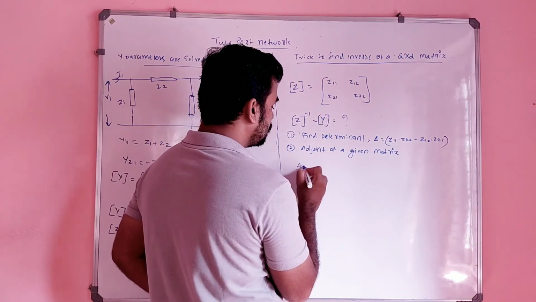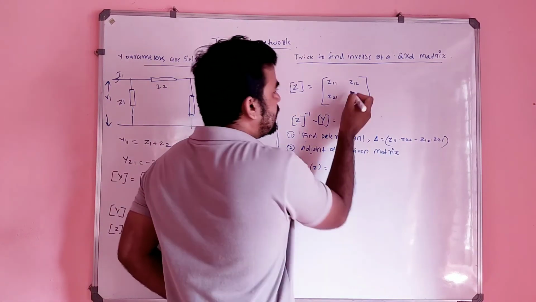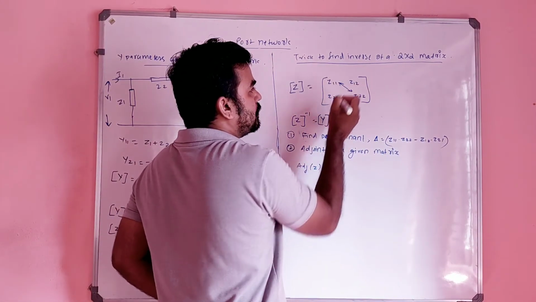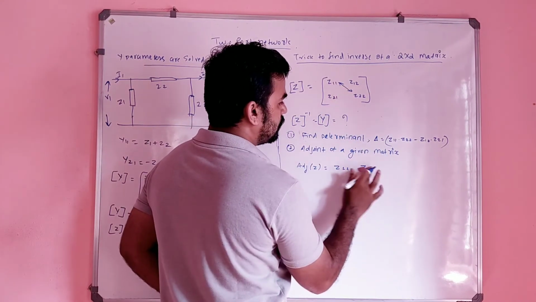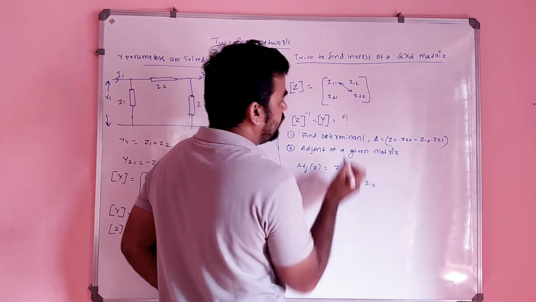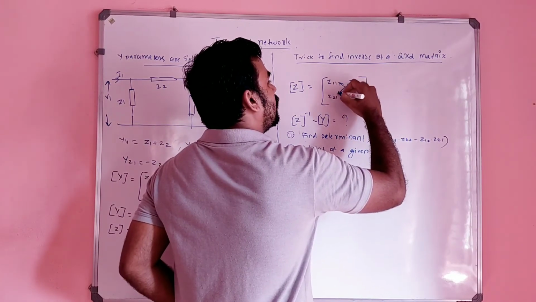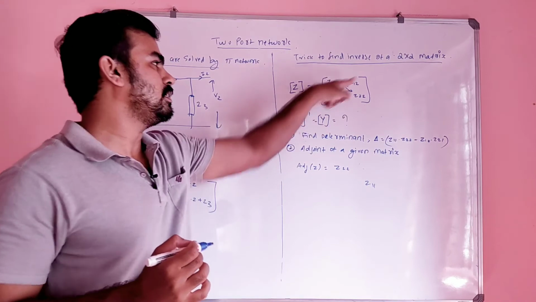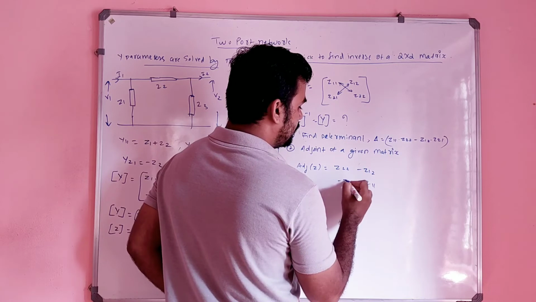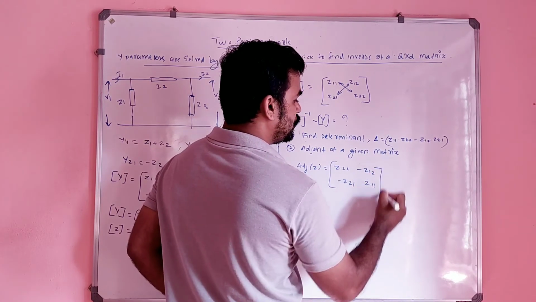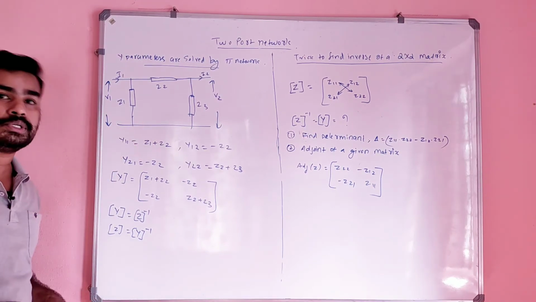The adjoint of Z is: interchange these diagonal elements, that is Z22 and Z11, and change the sign of the off-diagonal elements, that is minus Z12 and minus Z21. That's all for the adjoint of Z.